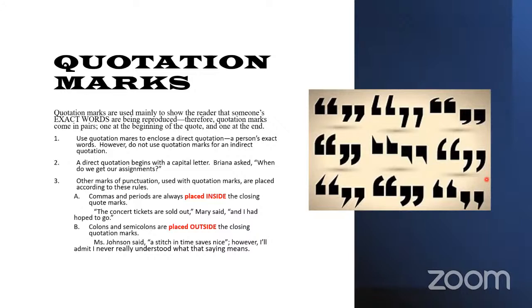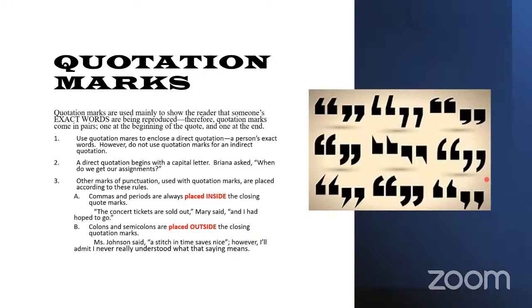This is something that I already explained in classes. The quotation marks are used mainly to show the reader that someone's exact words are being reproduced. Therefore, quotation marks come in pairs, one at the beginning of the quote and one at the end. So we want to show the reader that someone's exact words are being reproduced, right?